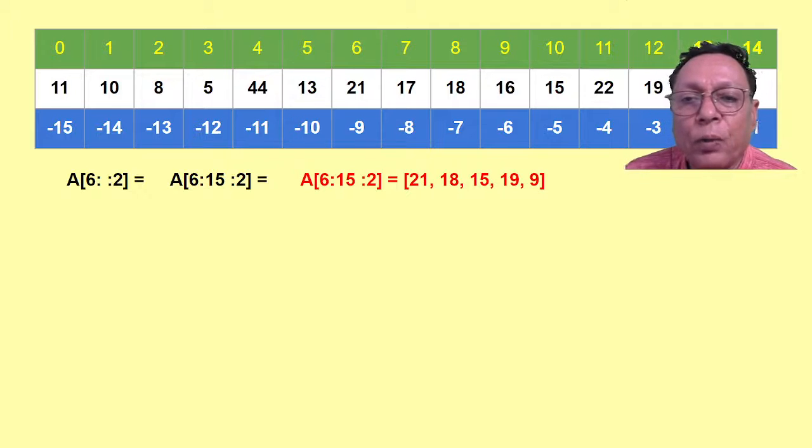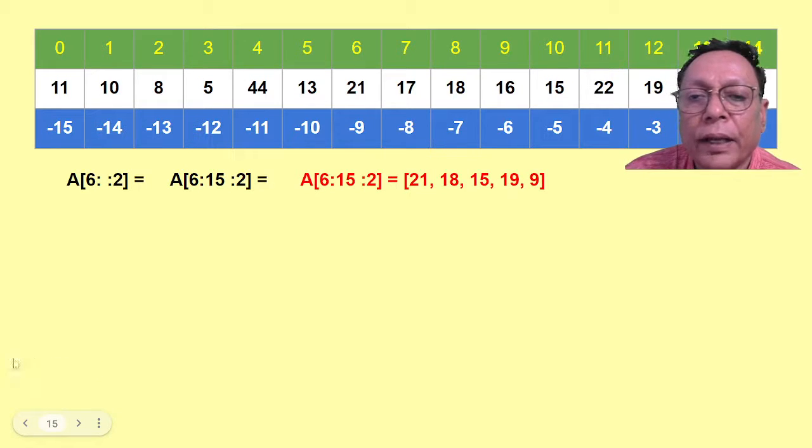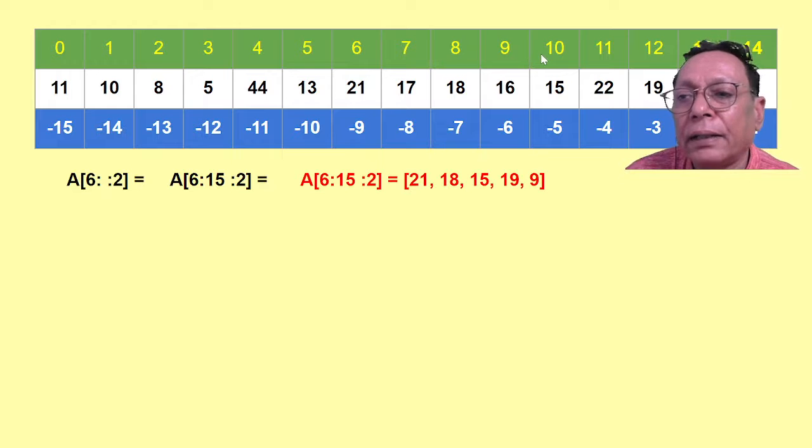So this way we can say this is A6, A6 gap of 2, then A8 gap of 2, then A10, then gap of 2, A12, then gap of 2, A14. So see here what is on A6. On A6 we have 12, 21.